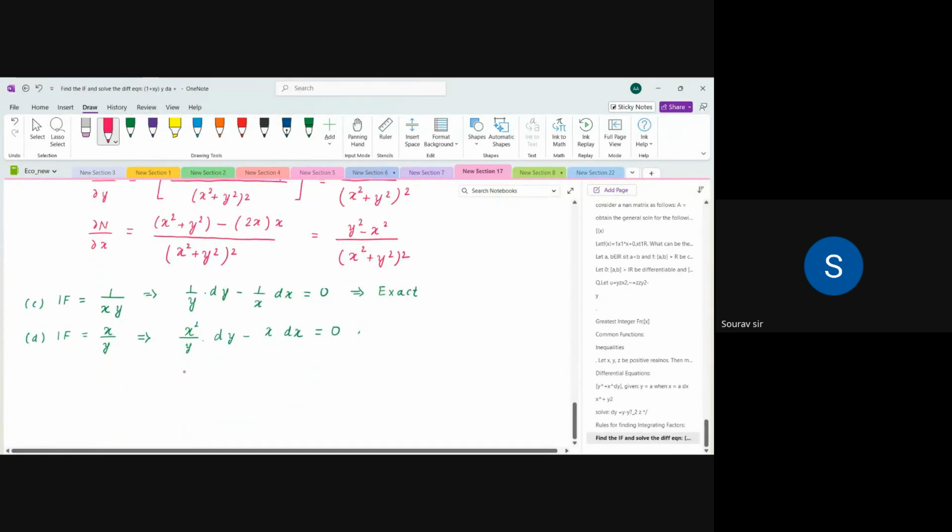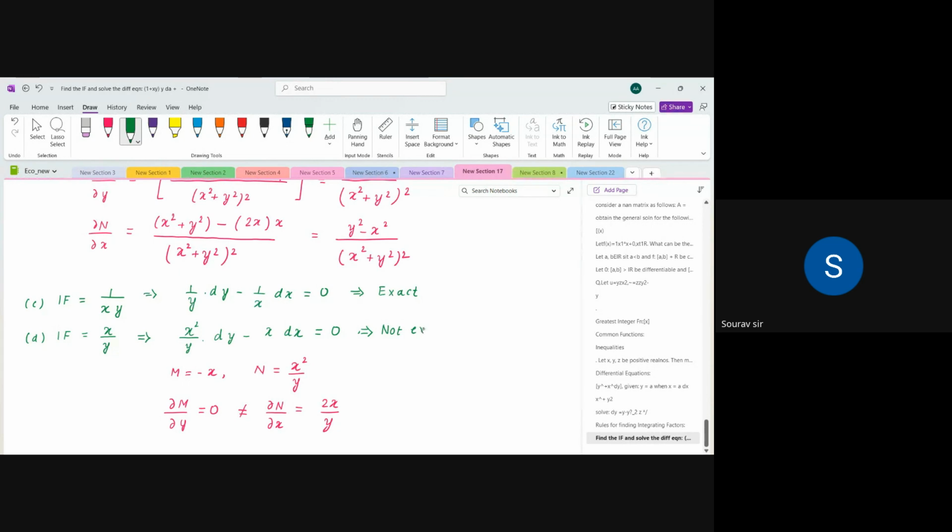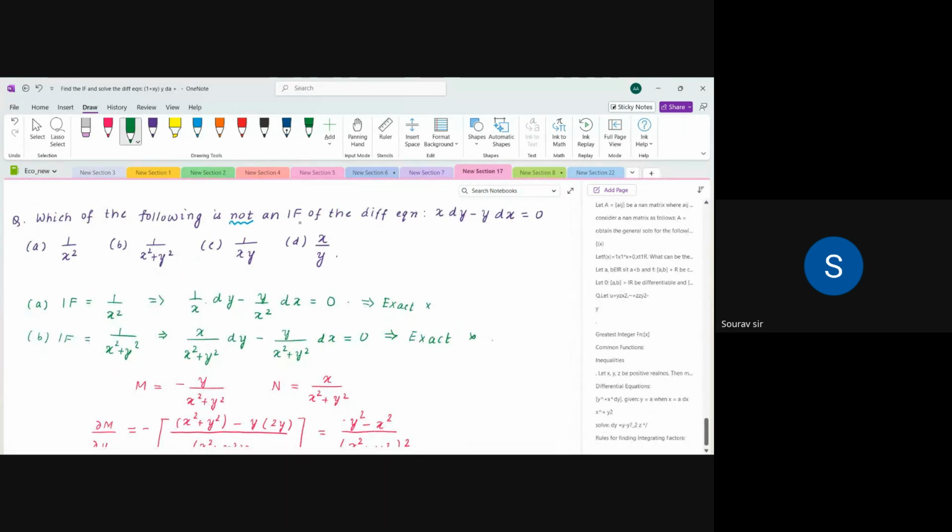So in this case, your m is minus x, n is x squared upon y, and del n by del x is 2x by y. So that means these two are clearly not equal. Okay. So this will be option D over here.